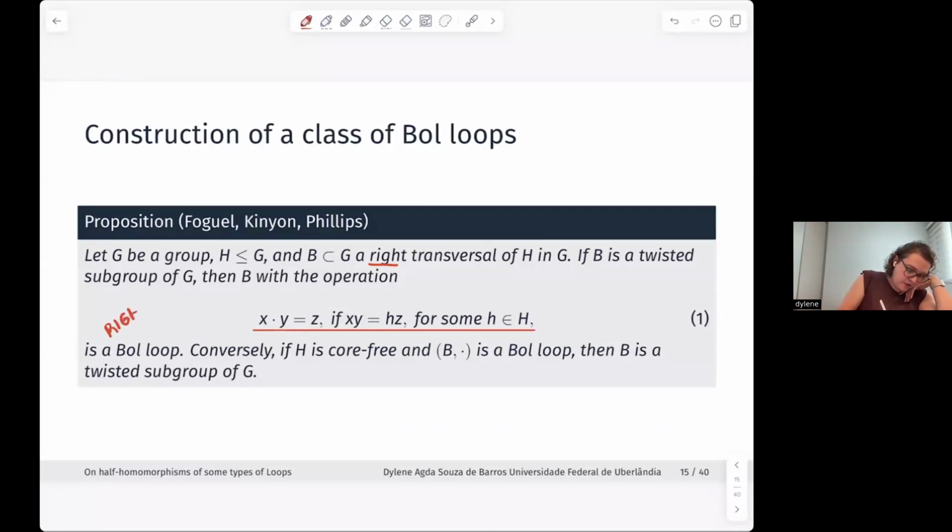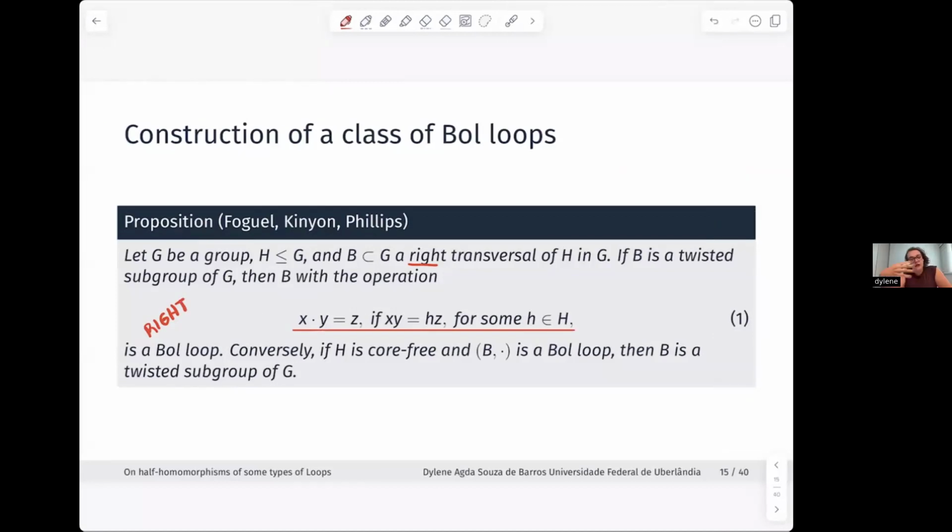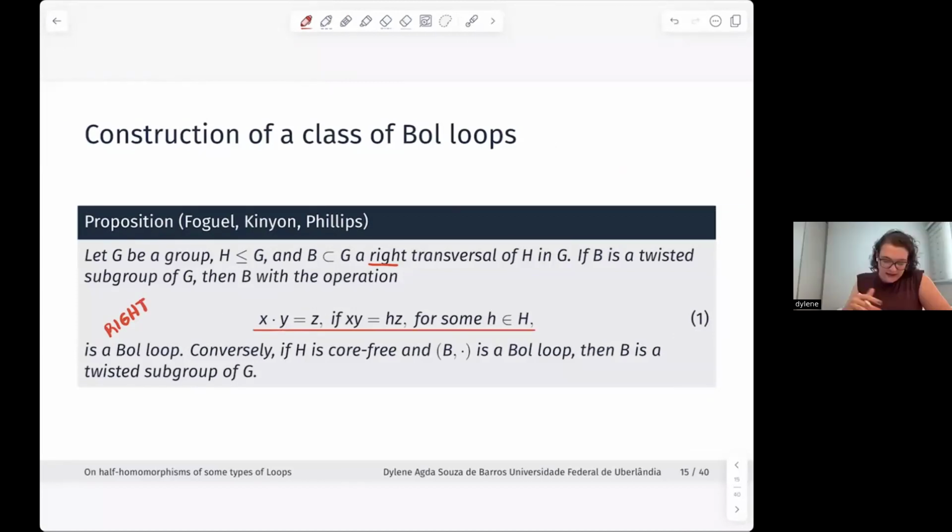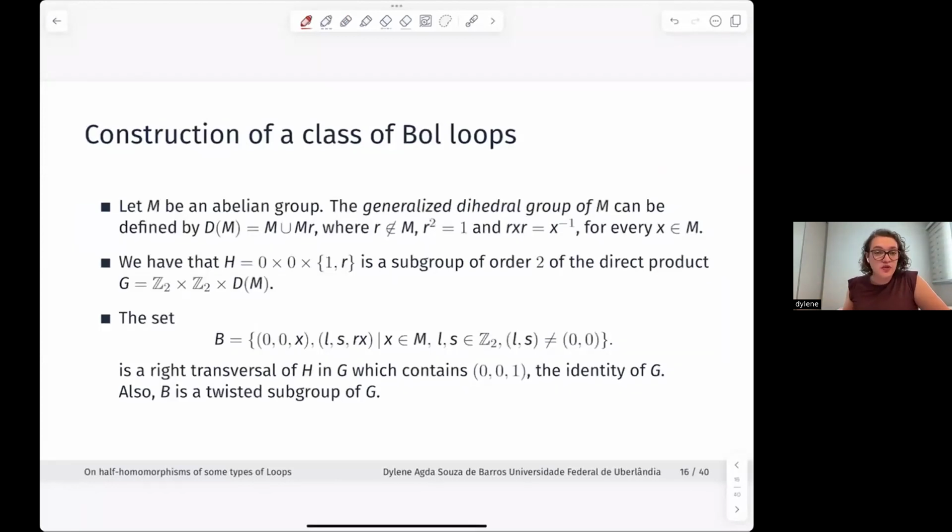I mean, from now on, I'm dealing only with right Bol loops because they're very similar. So this right transversal of this subgroup in G is a Bol loop. There's a converse of this proposition, but the direct implication is what matters for us.